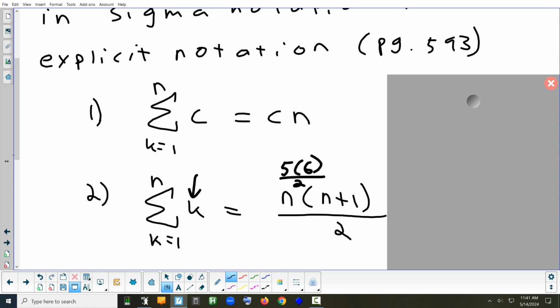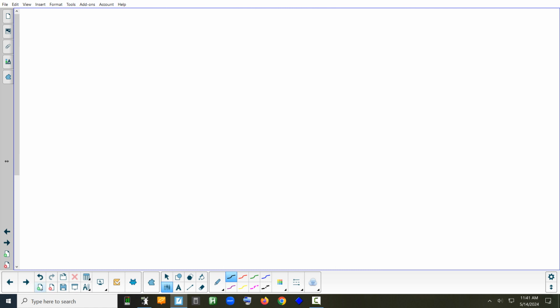There's also a formula for adding up the first n perfect squares, like this. One squared plus 2 squared plus 3 squared. Let's do that, and then I'll show you the formula that does it quicker.